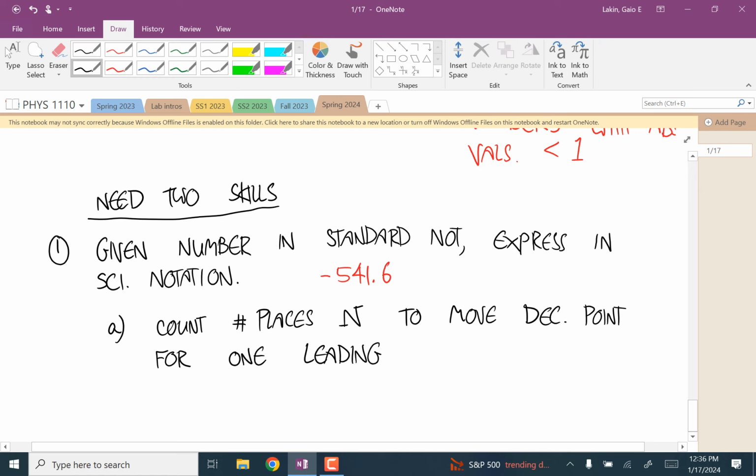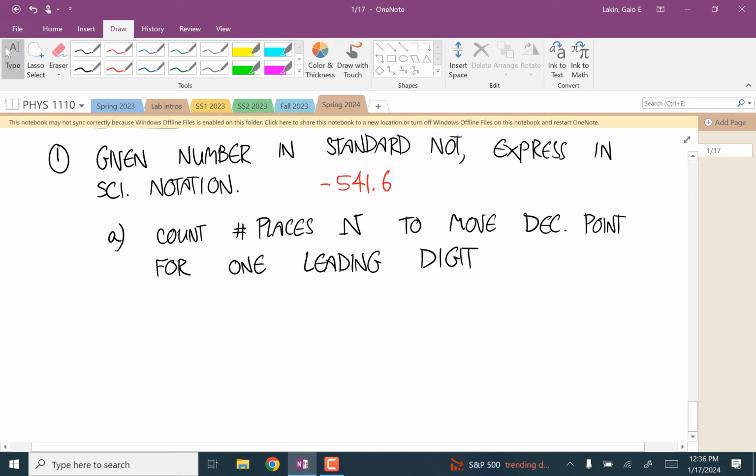One non-zero digit before the decimal point. If I'm starting with this number, negative 541.6, how many places do I have to move the decimal point so that I have one non-zero leading digit? One there, and then another one there, right? So N is equal to 2.